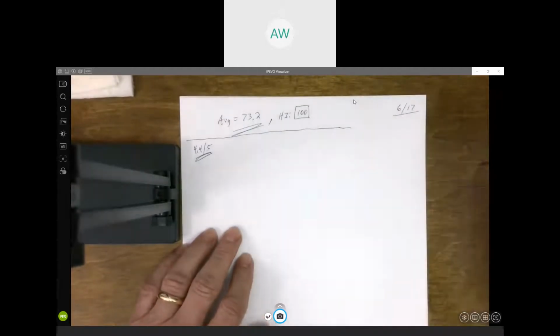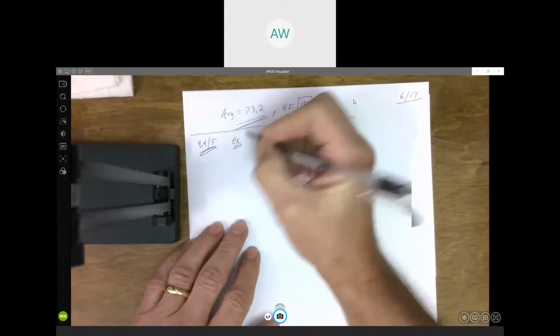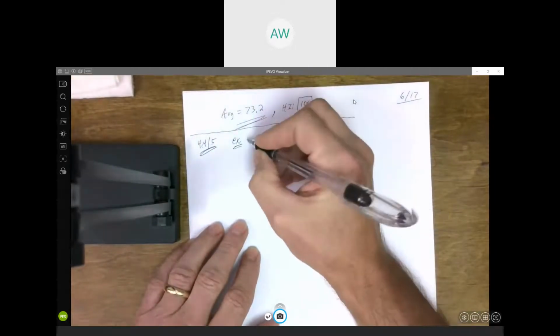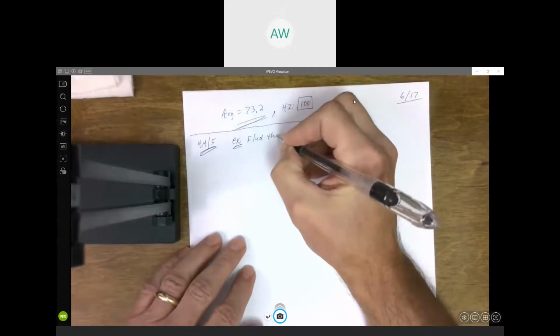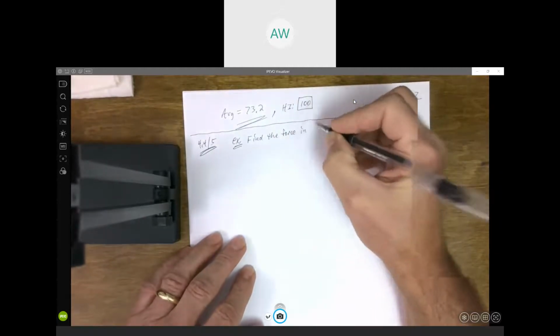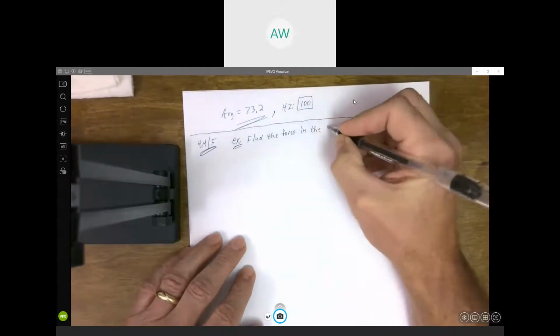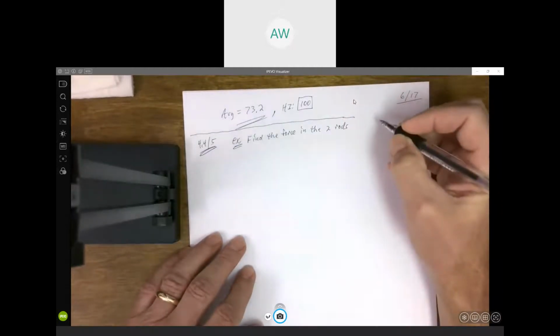Let's start with this example. We are going to be asked to find the force in the two rods. I'll draw a picture in a minute. You'll see there are two rods that are holding up this beam.